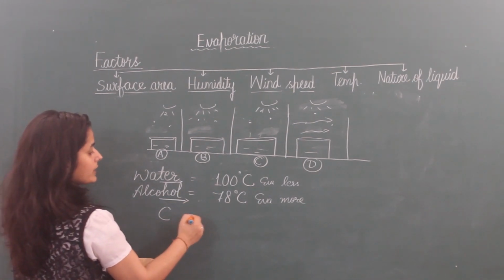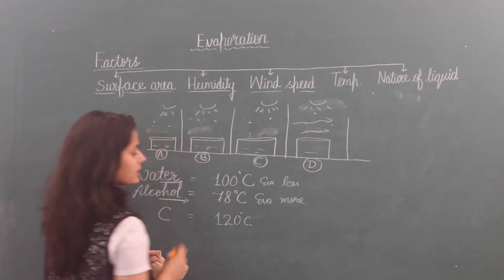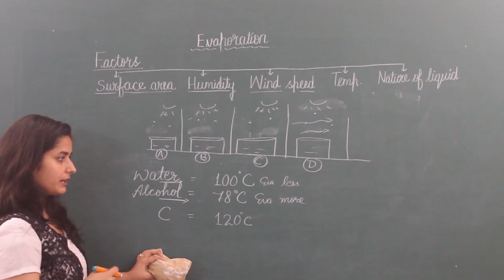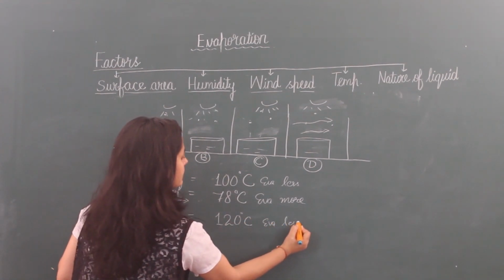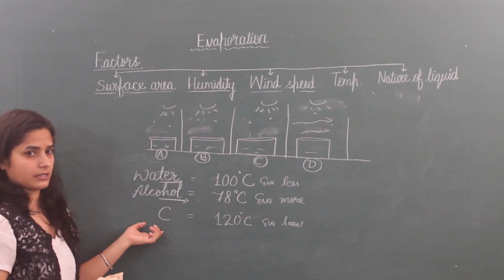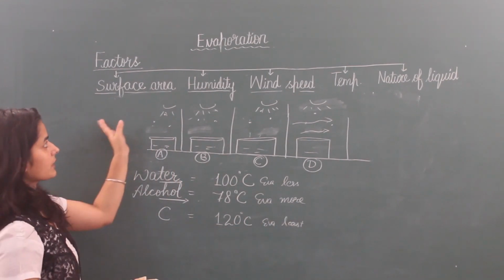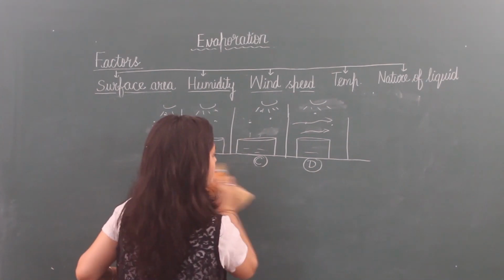Maybe liquid C has boiling point 120 degrees Celsius. Then what happens? Least evaporation will take place in liquid C. So this way, all these factors affect the rate of evaporation.